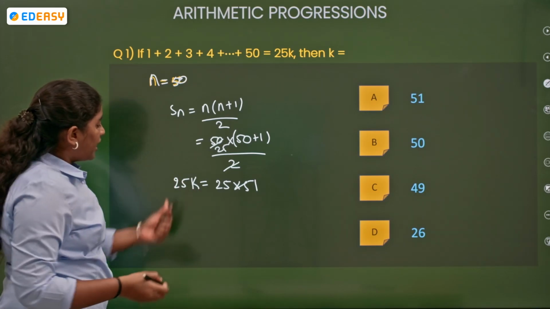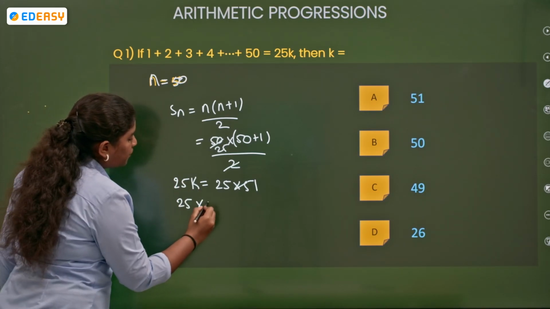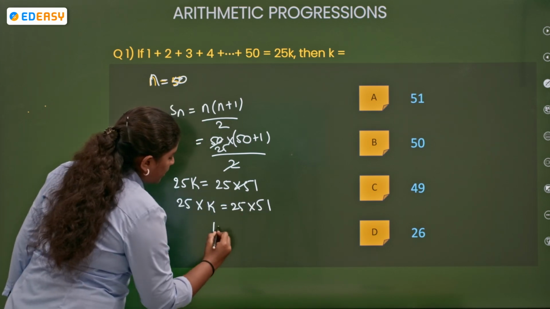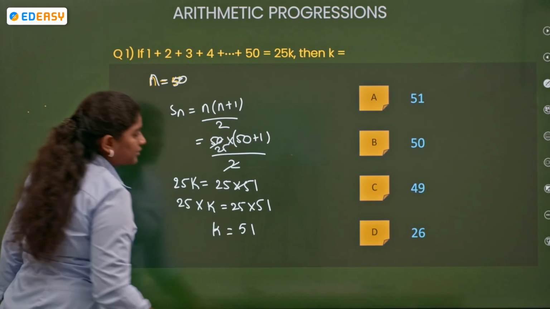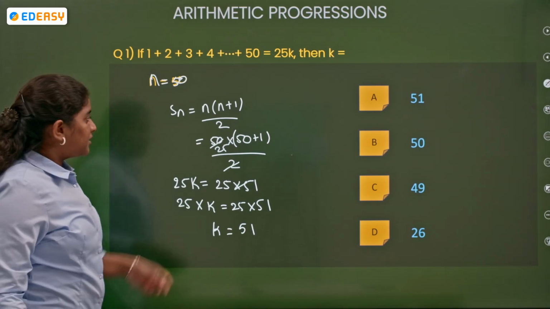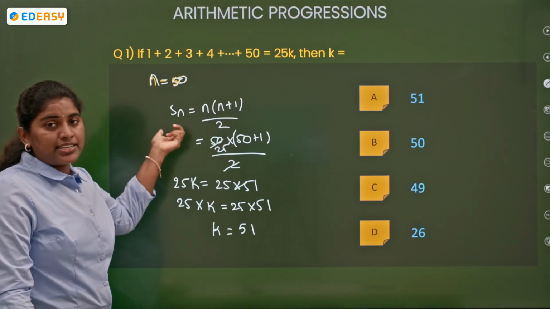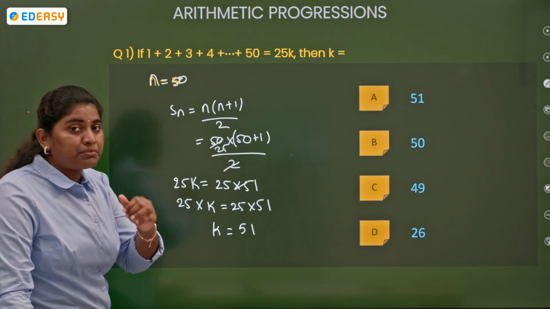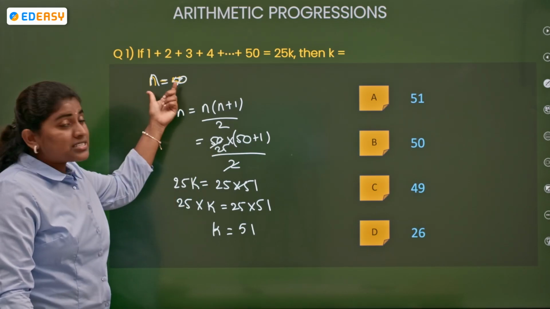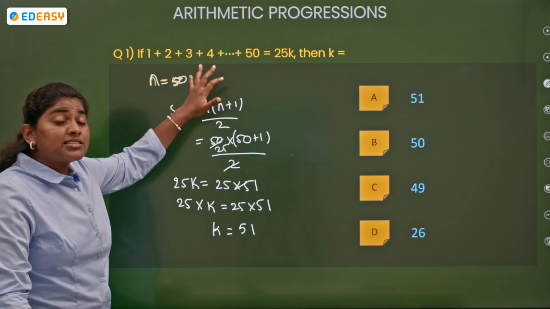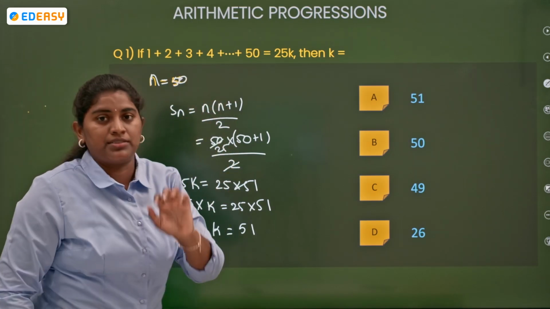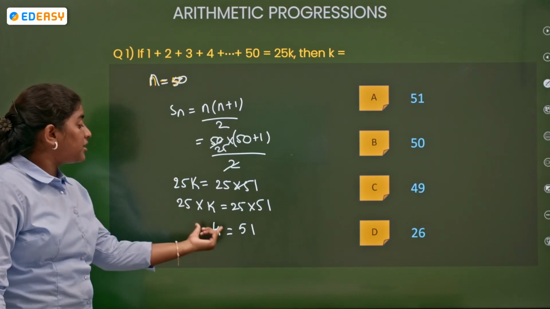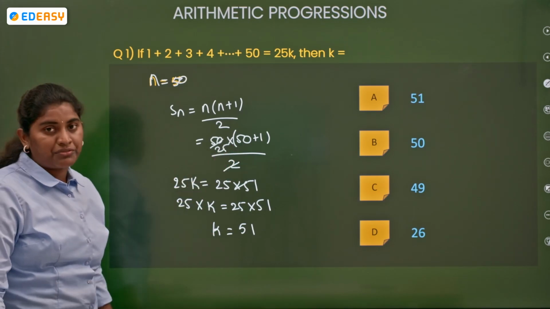It means 25 into k equals 25 into 51. Now what is the k value? 51. Understood? Simple, right? We know the formula Sn equals n into n plus 1 by 2 for the first n natural numbers. Take n as 50 because here they are taking the sum of first 50 natural numbers. Put n equals 50 and simplify, so that we get k as 51.